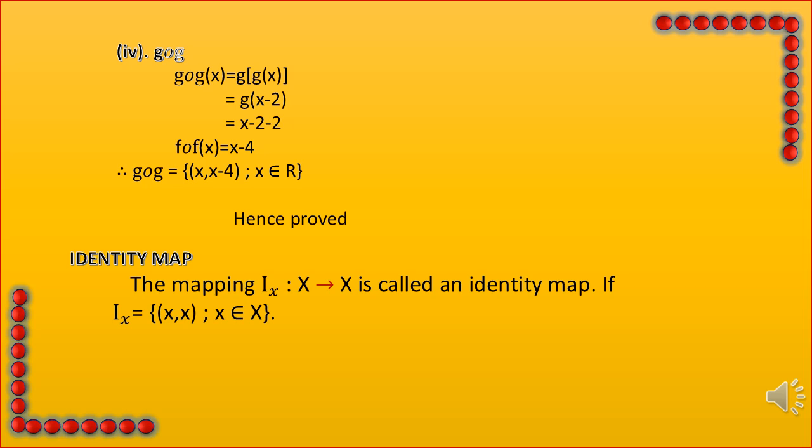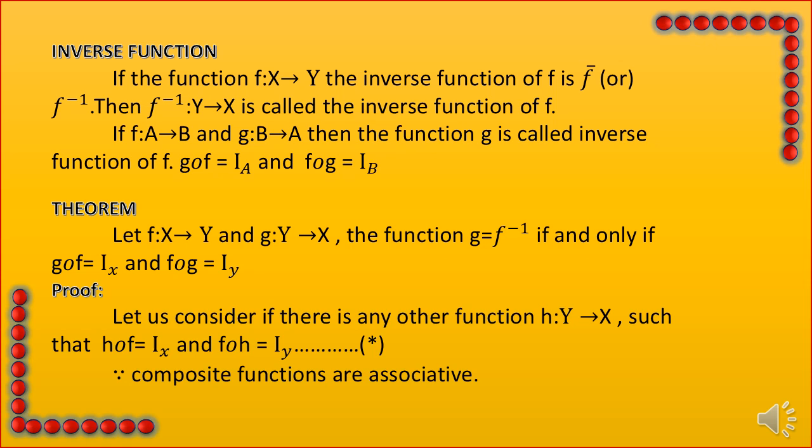Next, the definition of identity mapping. The mapping I_X, a function from X to X, is called an identity mapping if I_X is equal to {(x, x) such that x belongs to capital X}. Here I_X is a function from X to X, the identity mapping. Inverse function.